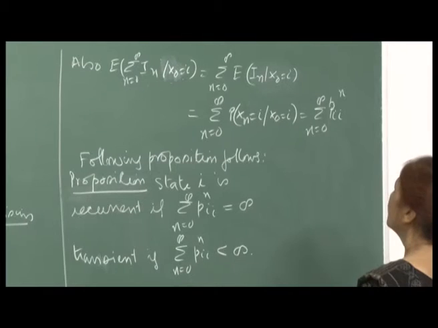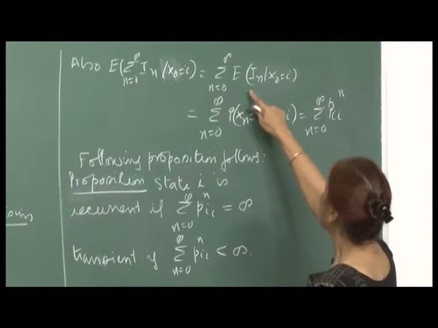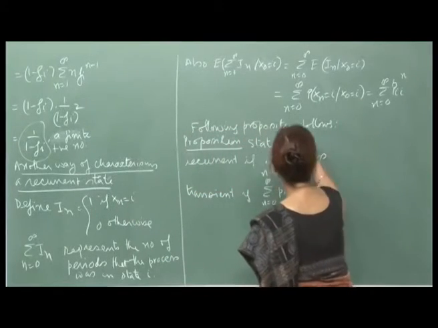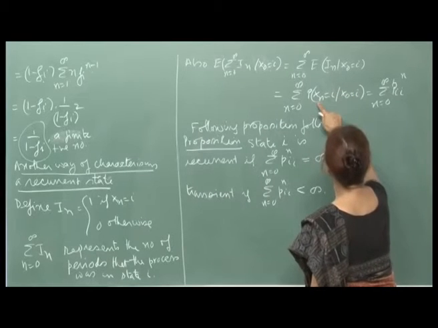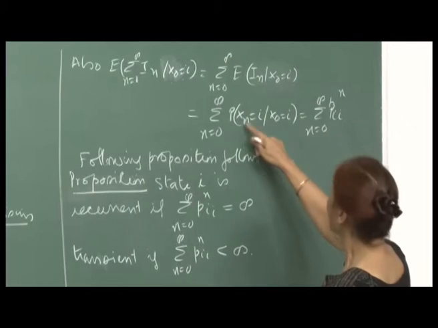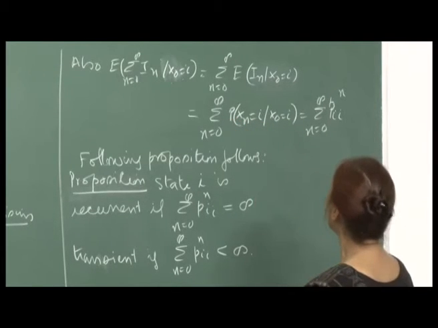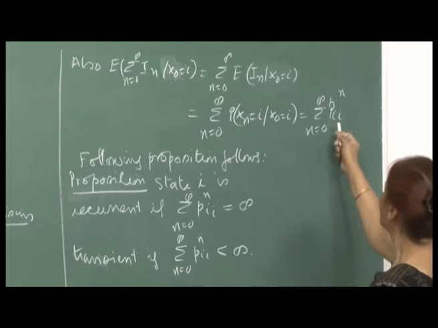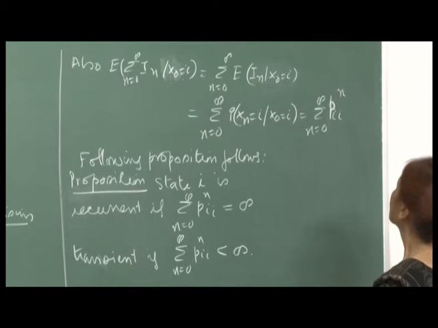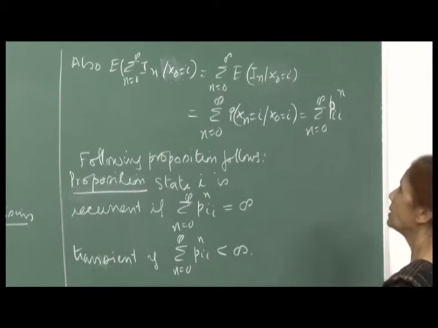Therefore, this is the expected value of I n given x naught is I, but I n is equal to 1 if x n is I. So, this is the probability that x n equals I, times 1, the conditional probability of x n given that x naught is I. And this, by our definition, is p I raised to n. Therefore, the summation, n varying from 0 to infinity, of p I n.